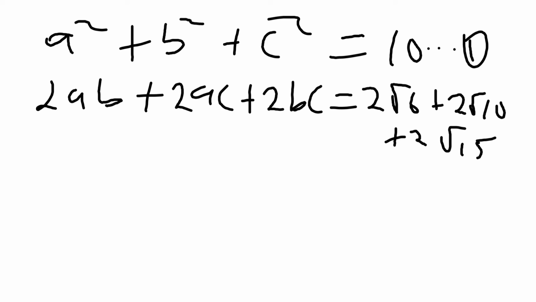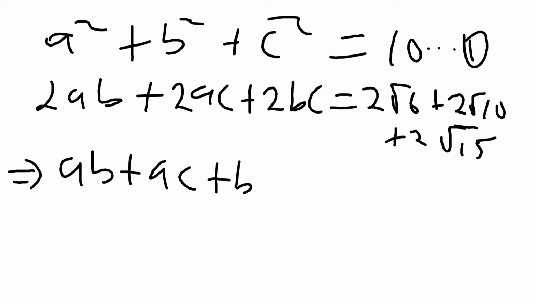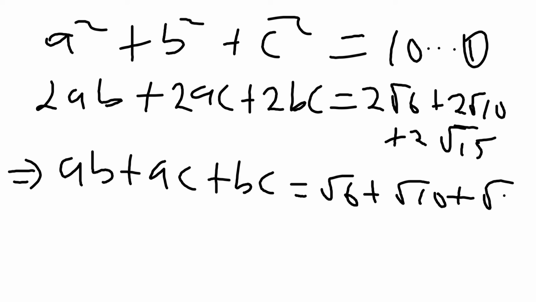So what does this mean? This implies that ab plus ac plus bc is equal to root 6 plus root 10 plus root 15.